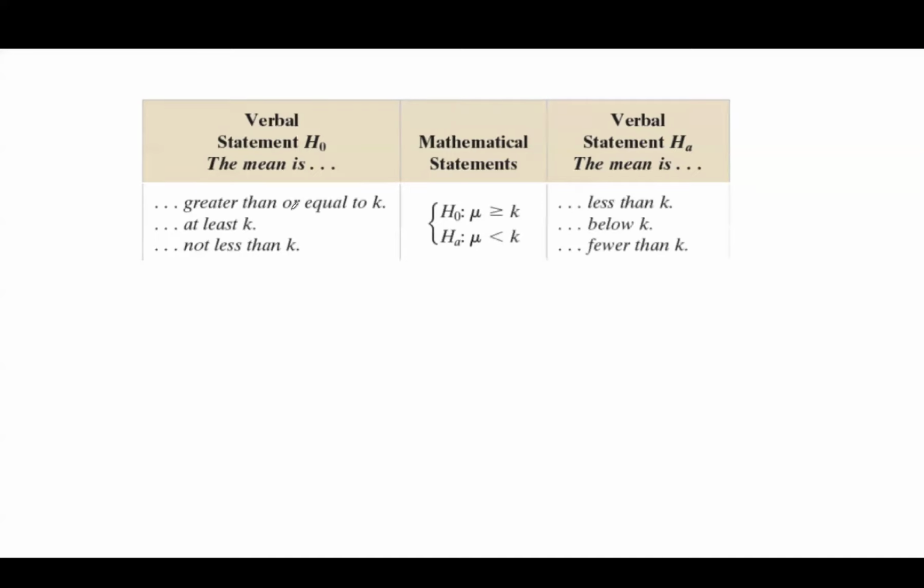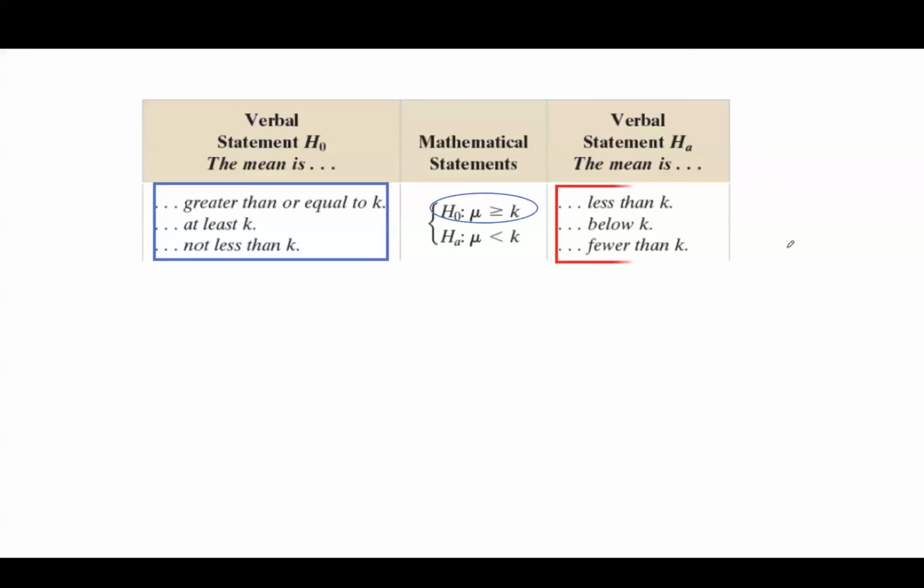If you have a keyword like greater than or equal to, at least, not less than, it means that your null hypothesis is given. In this case, we write down the null hypothesis saying that the mean of the population, mu, is more than or equal to k.